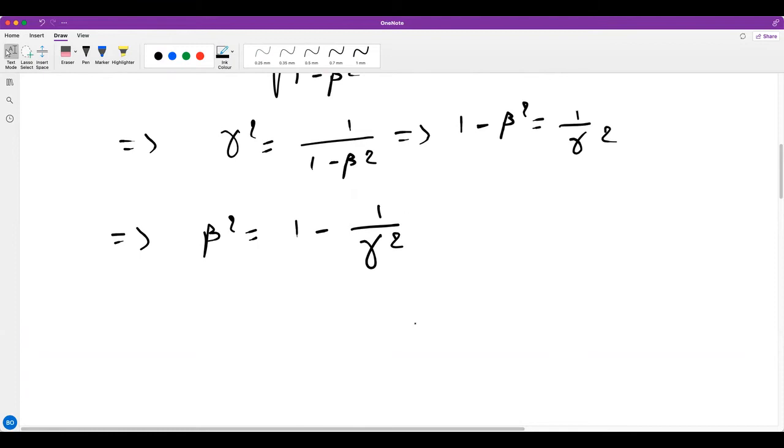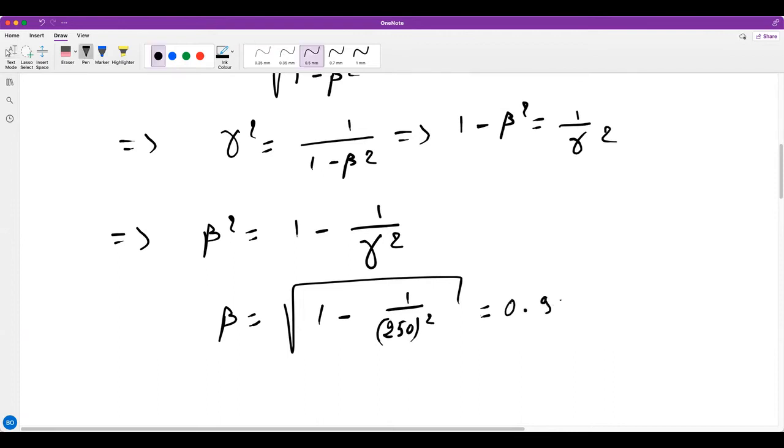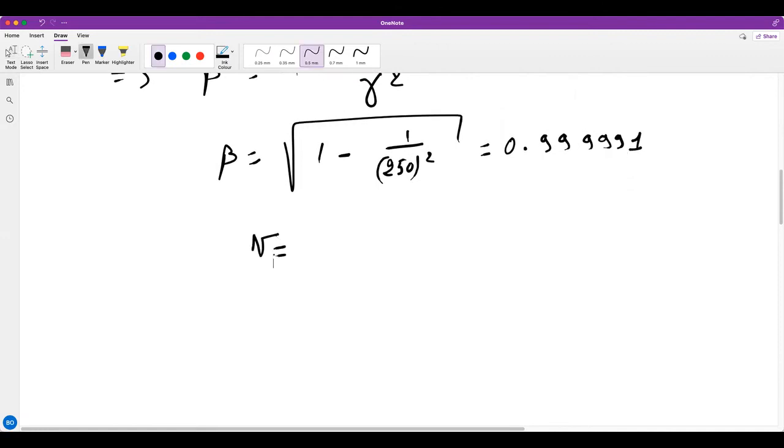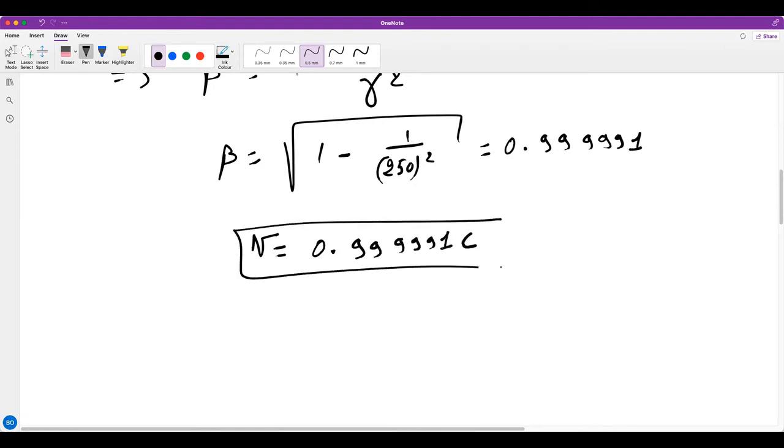Beta will be the square root of 1 minus 1 over 250 squared, which gives a value of around 0.999, which means that the speed of this electron is 0.99999 the speed of light.